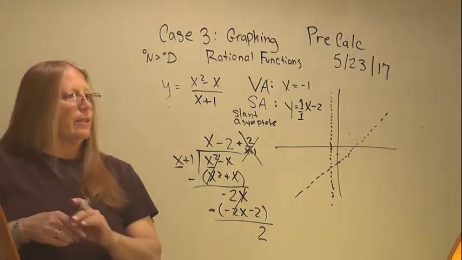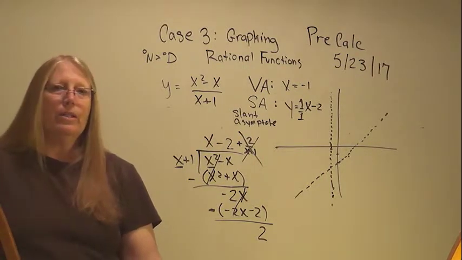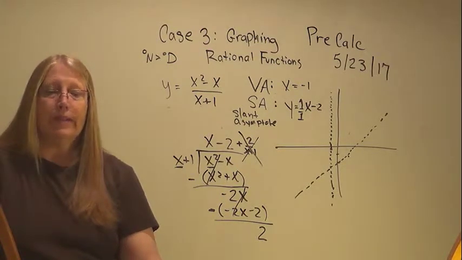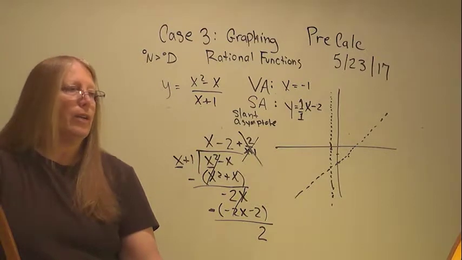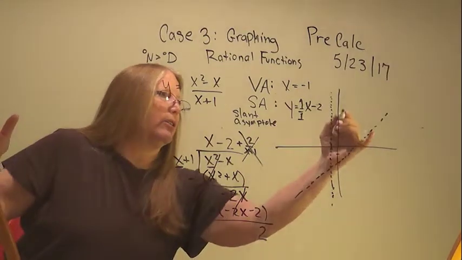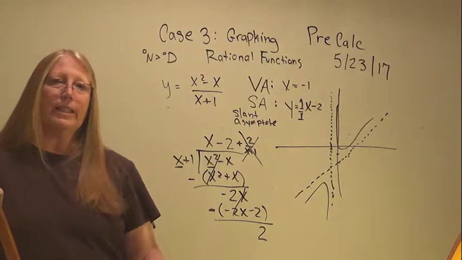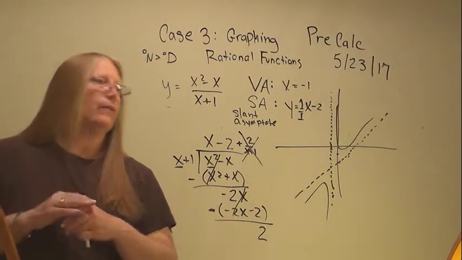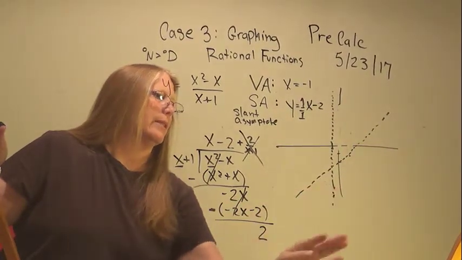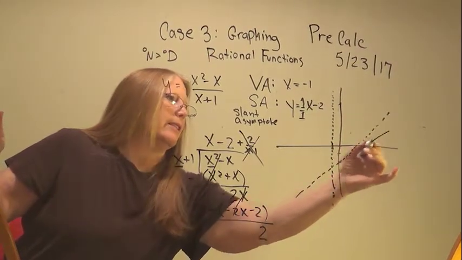Alright, so now that I've got that, I want to do some training for you on slant asymptotes. When you have a slant asymptote, and it's one of two asymptotes, we have this vertical one and this slant one, the answer is either this, where you have slash slash, and they're diagonal from one another, or you have this.